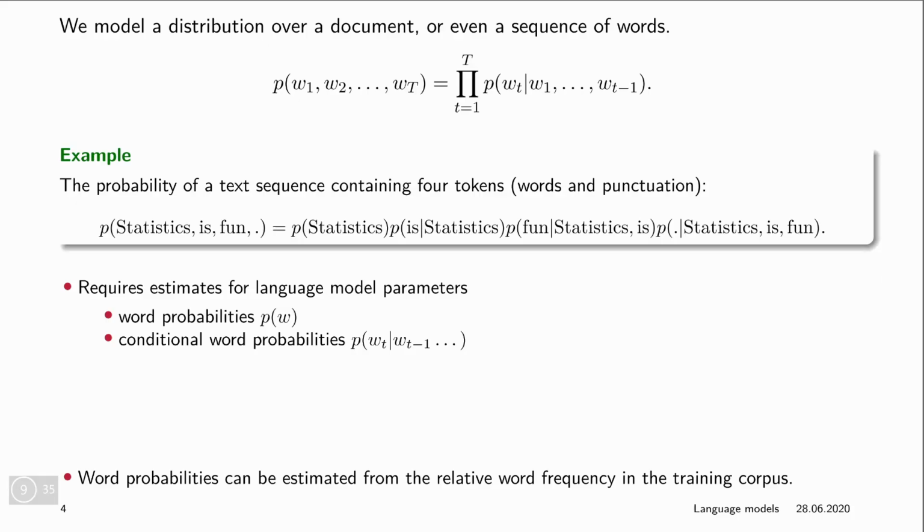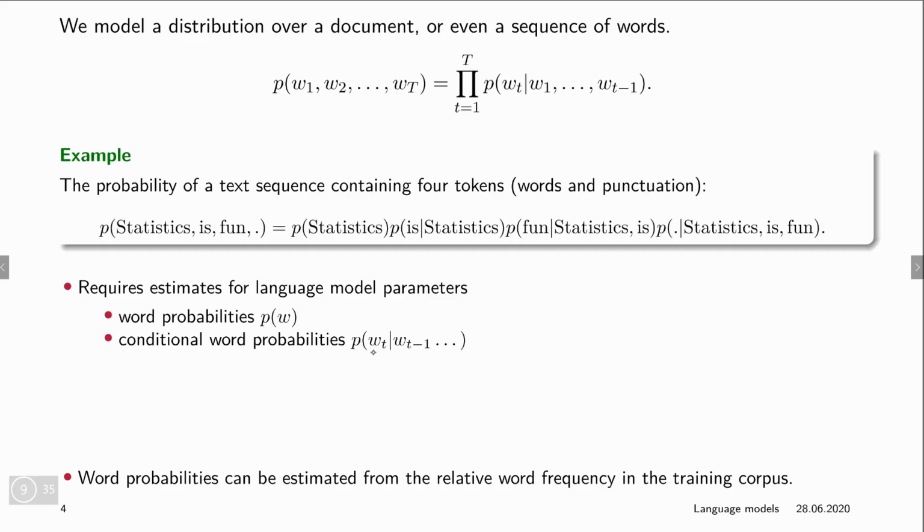Now the question is how we get these conditional distributions, or all of these distributions. So the probabilities are now the parameters of our language model. They consist of the marginal word probabilities and the conditional word probabilities of WT following the sequence of WT minus 1 and so on.